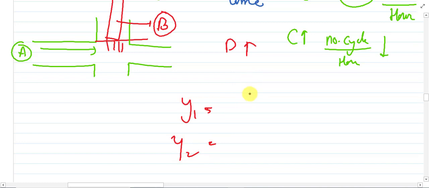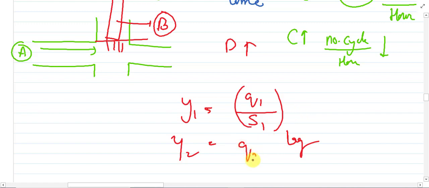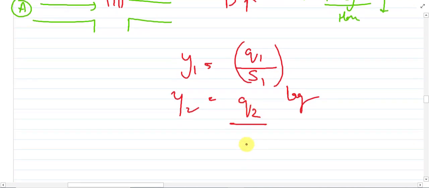Suppose existing flow is q1 to the saturation flow of the particular road, or we can say the particular leg. Similarly, y2 represents q2 upon s2.